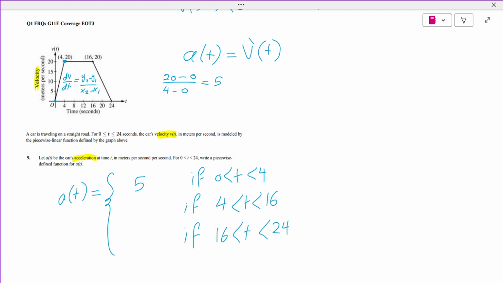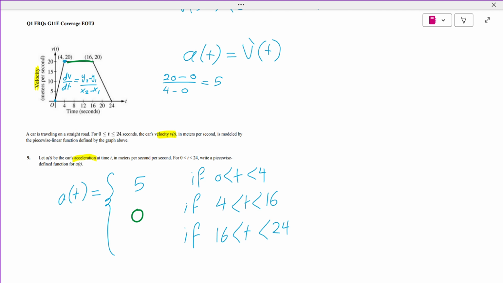Well, the second one is a horizontal segment. That means the velocity is constant. If the velocity is constant, the acceleration will be 0. The derivative of a constant velocity is 0. This is a horizontal line segment, its tangent line or its slope equals 0.